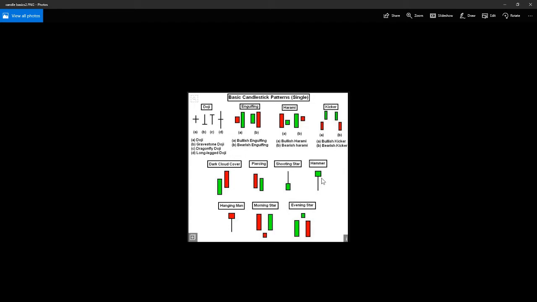You can get these at the bottom or the top. But the buyers are in charge. Any way you want to look at it, the buyers are in charge. And if you remember one of my previous slides, this is the second most bullish candlestick. Hammers, especially green-bodied candle hammers, are very bullish. So you definitely want to remember that.